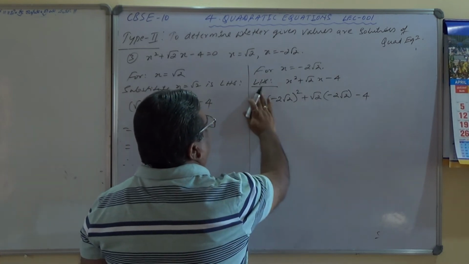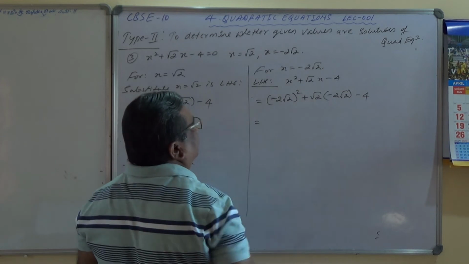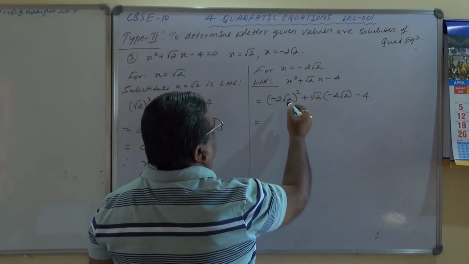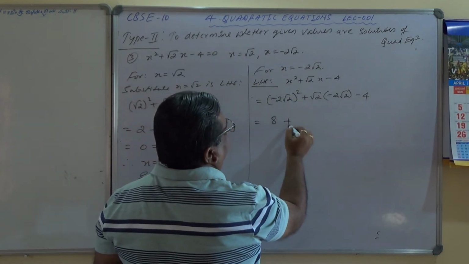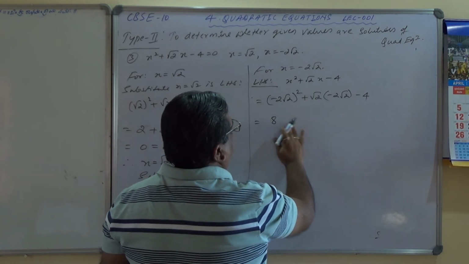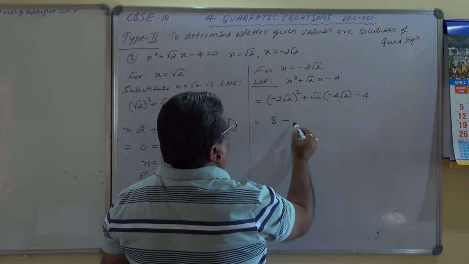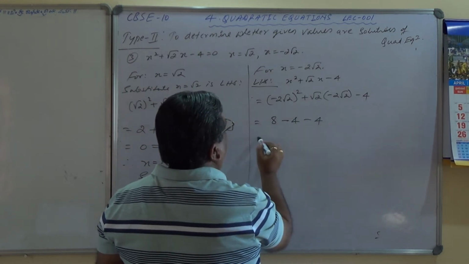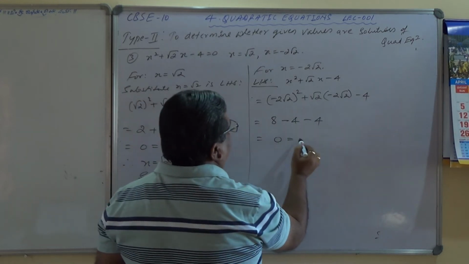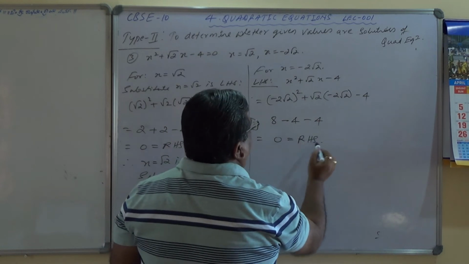Equals 4 into 2, 8, plus or minus minus here, 2 root 2 into root 2, 2 into 2, 4, minus 4, which equals 0. Therefore x equals minus 2 root 2 is also a solution.